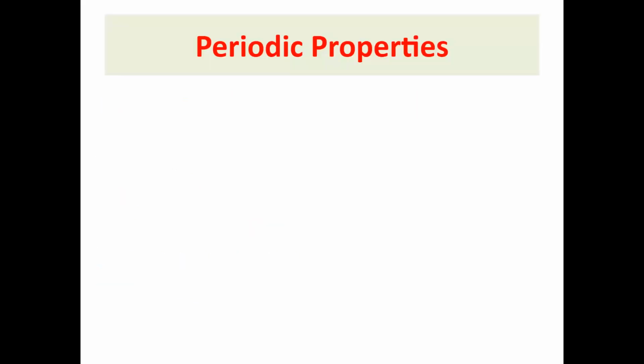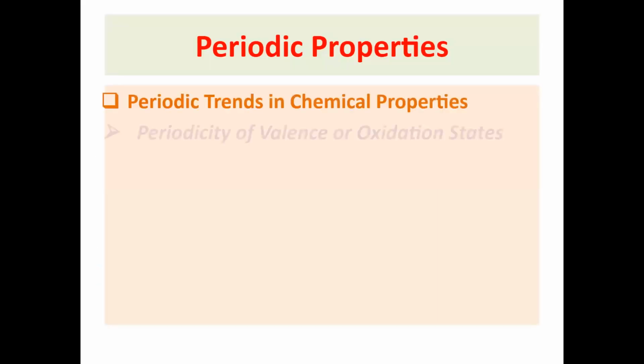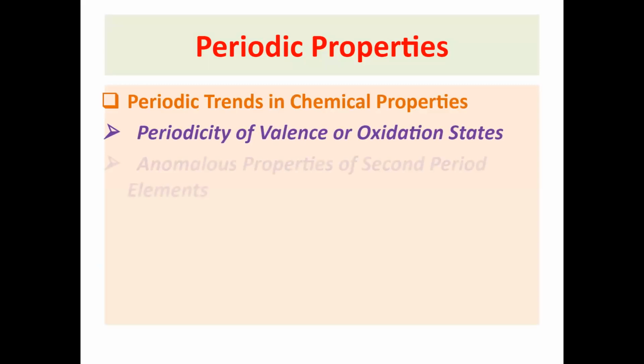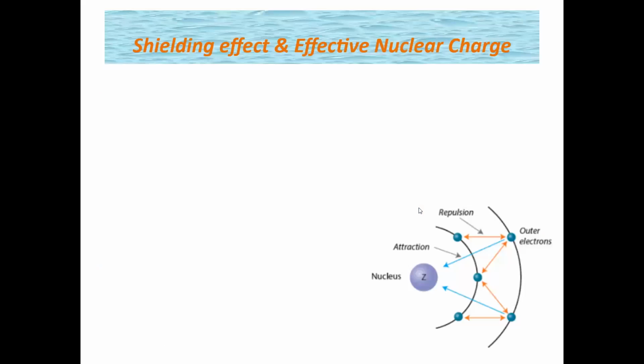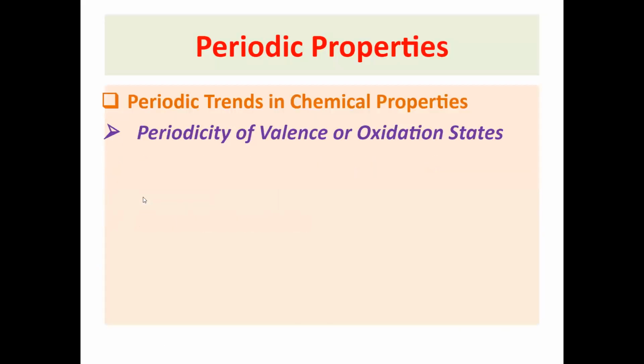So these are the periodic properties. Now coming to the periodic trends in the chemical properties: periodicity of valency or oxidation state, anomalous properties of second period elements, chemical reactivity. So these are the physical properties and chemical properties.